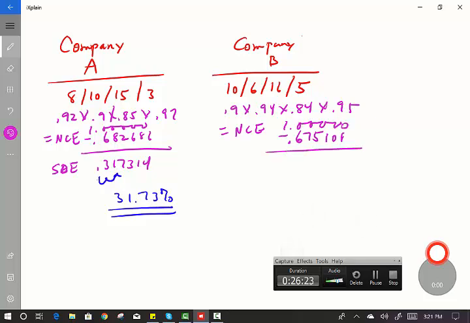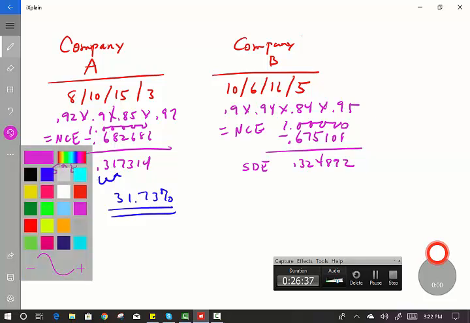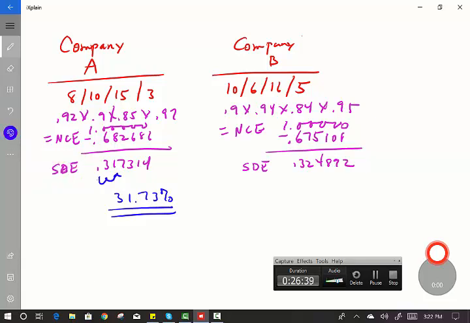and that's going to equal the single discount equivalent of 0.324892. Then move the decimal point 2 places to the right to equal 32.49%.